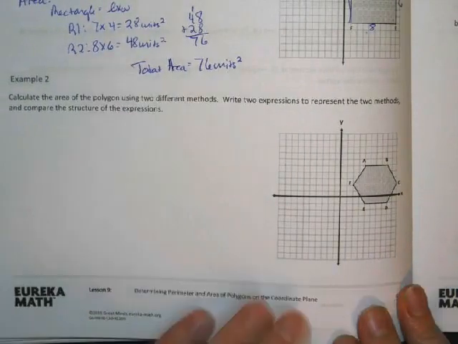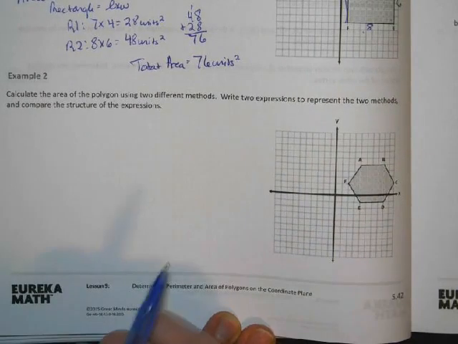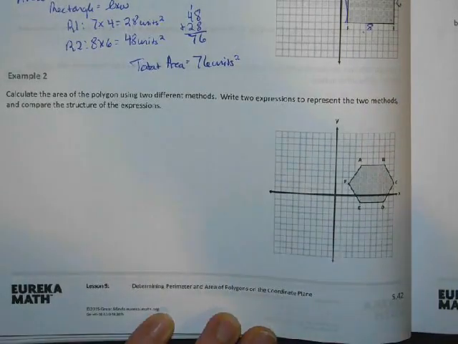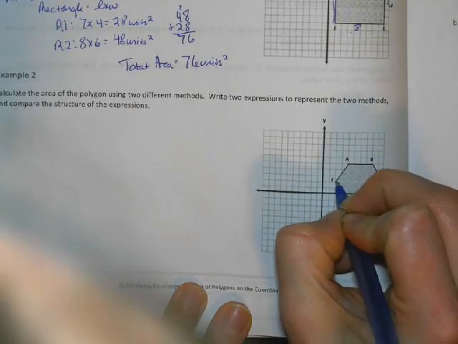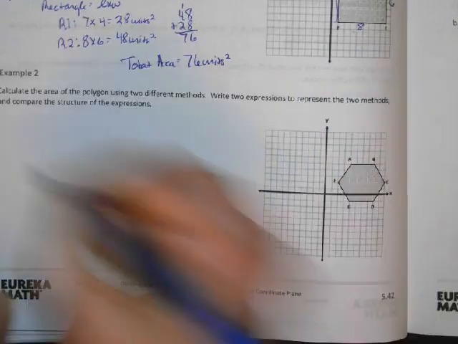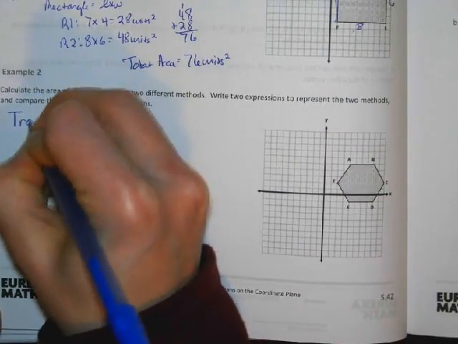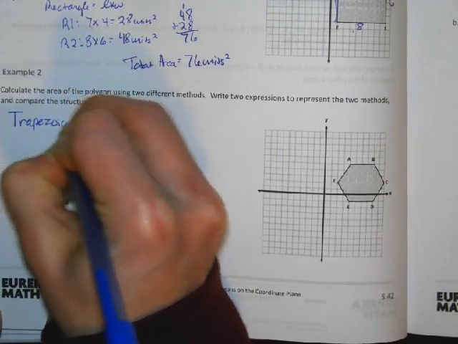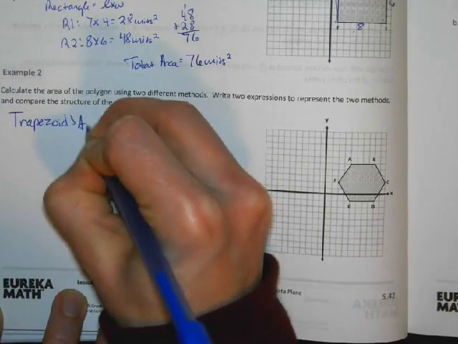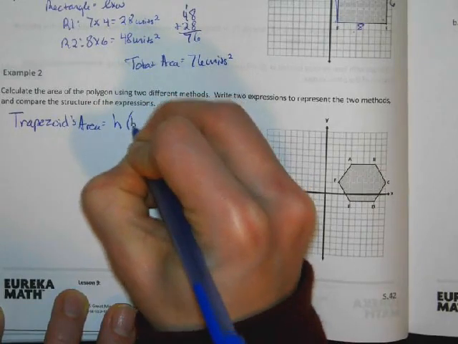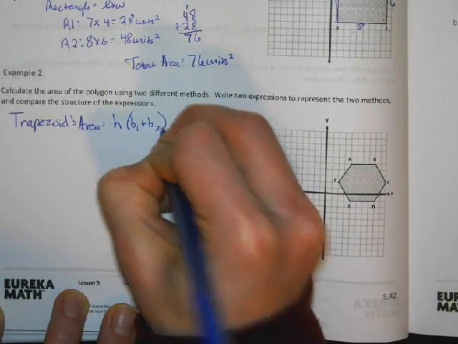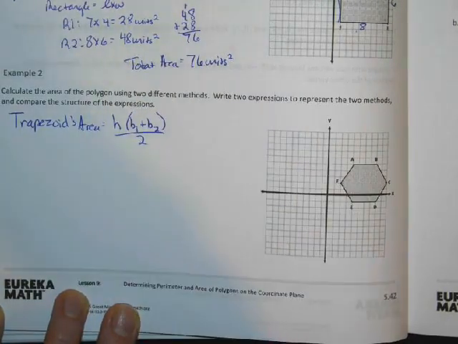So down here we have a 6-sided shape, so that's a hexagon. We have done an example of these, and this hexagon can actually be divided into two trapezoids. So as a reminder, a trapezoid area is equal to the height times base 1 plus base 2, all divided by 2.